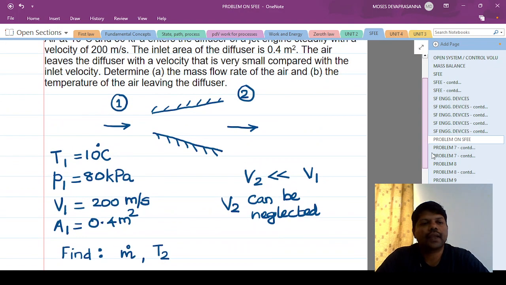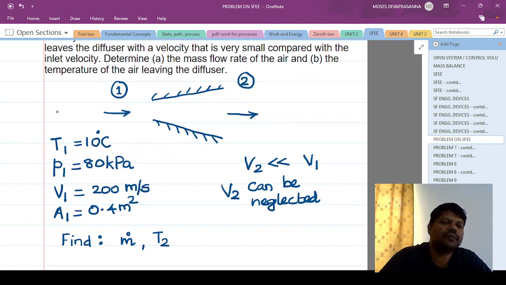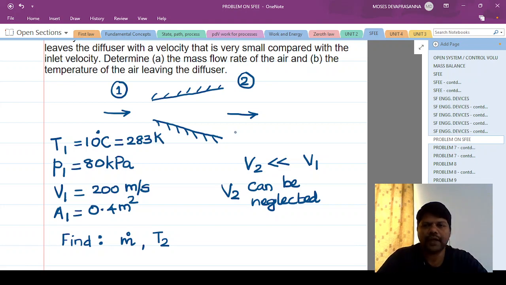Now before we solve this problem, let us convert the given temperature T1 from degree Celsius to Kelvin. Whenever I substitute the value of temperature in the steady flow energy equation, it should be in absolute temperature or Kelvin. So I convert this to Kelvin by adding 273. So you will get 283 Kelvin, right?